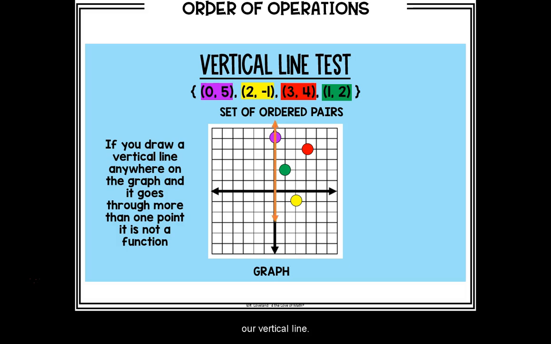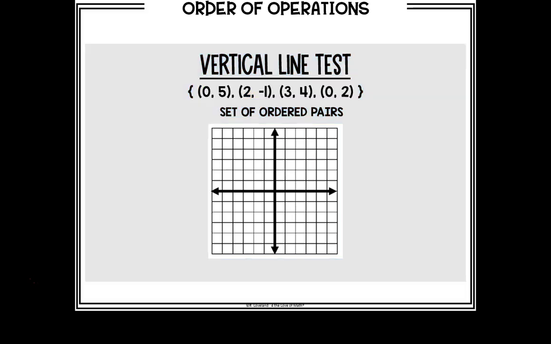So here's our vertical line. Right there, it only goes through one point, so that's good. Right there, it only goes through one point. Only through one point. Only through one point. So we know that since this vertical line only goes through one point, it must be a function.